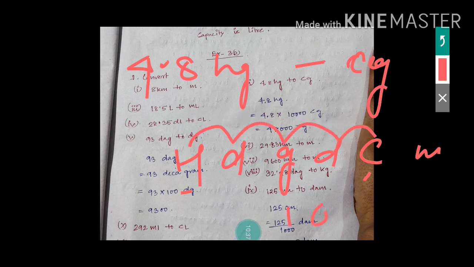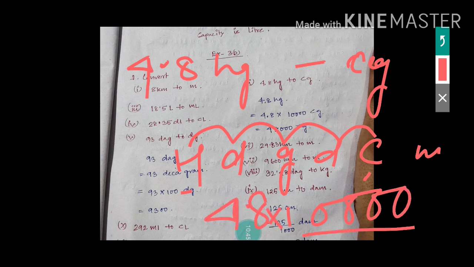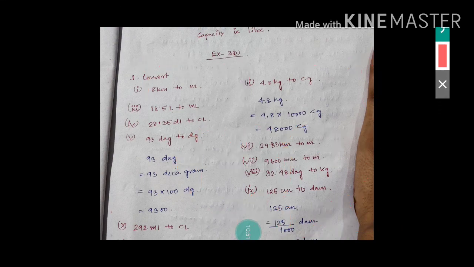Four jumps are there. So with this you have to multiply. That means 4.8 you have to multiply by 10,000. Then it will be in cg, centigram. See this one.